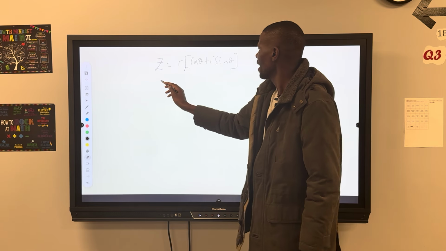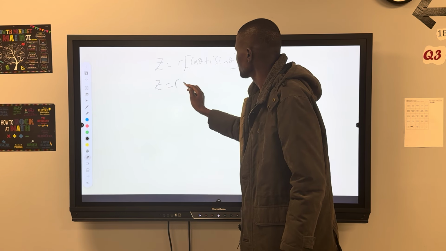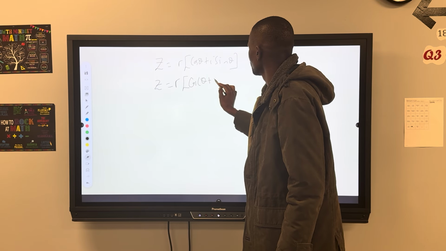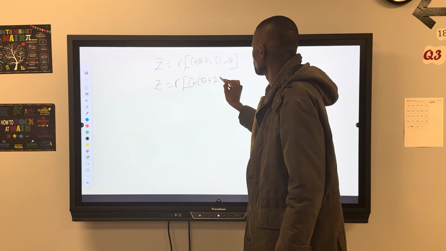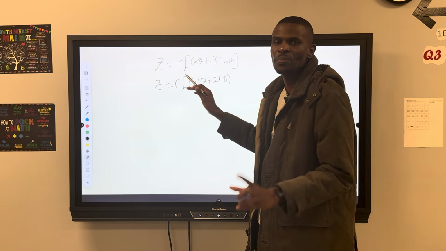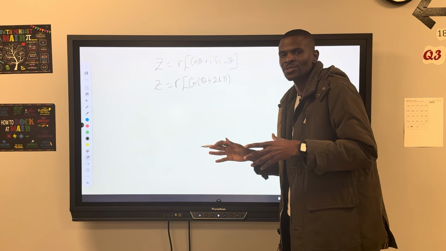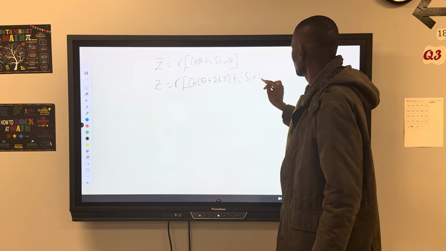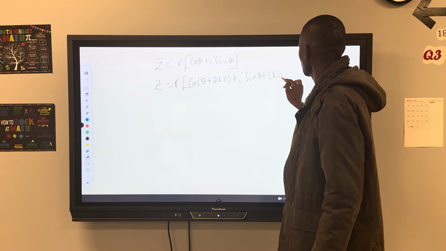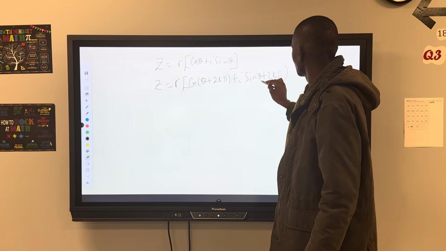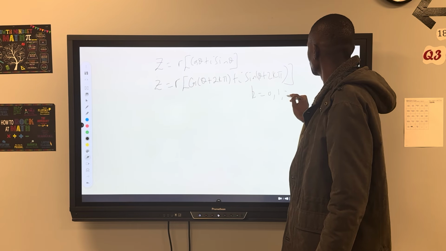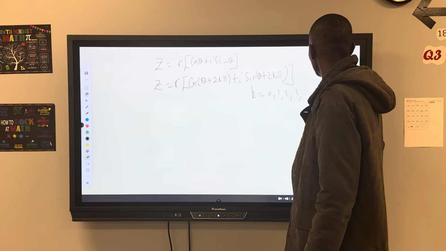So here I can convince you by rewriting this as cos(theta plus 2k pi) plus i sine(theta plus 2k pi). Remember, 2 pi is just 360 degrees, though 2 pi is in radians. So k takes values 0, 1, 2, 3, and so on.